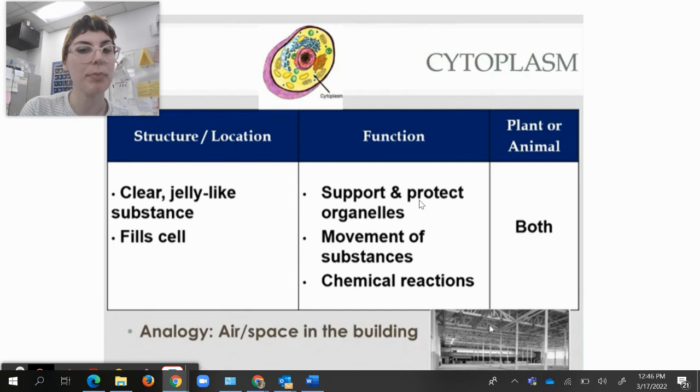It supports and protects the organelles within the cell, and it also helps move substances around the cell, like moving a sack of material from one organelle to another organelle inside the cell. It also carries out some important chemical reactions that will help you get energy out of your food, for example. If we were to compare it to our company, the cytoplasm would be like the air or the space inside the building.